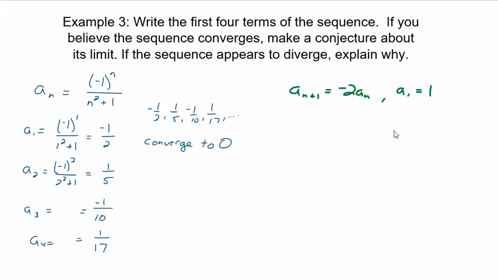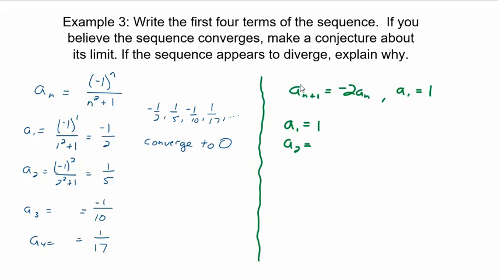Alright, so this is written as a recurrence relation, or an implicit formula. So this tells us our first term is 1, and our second term is -2 times the term before that.